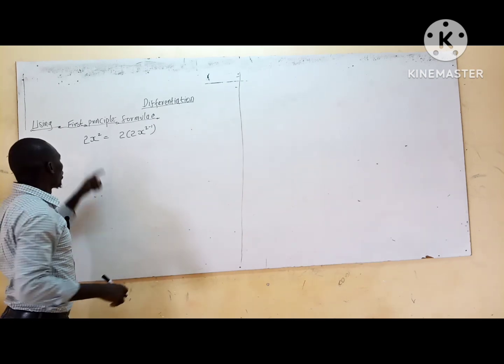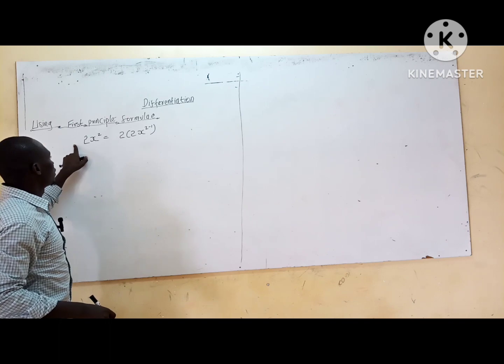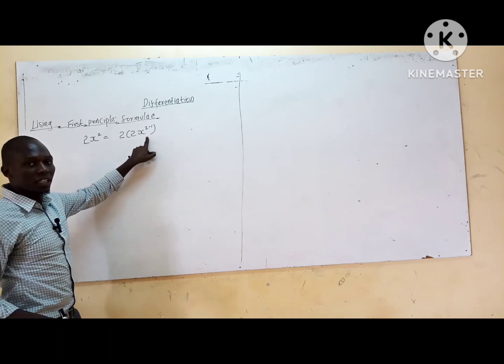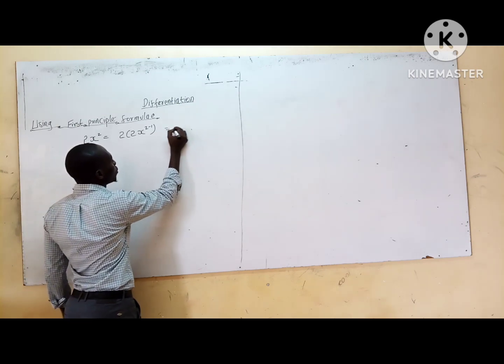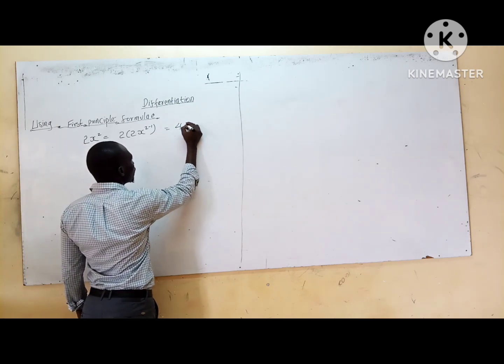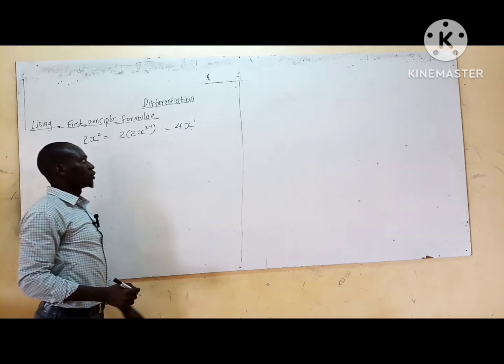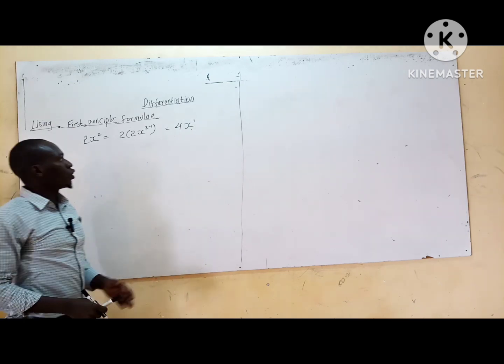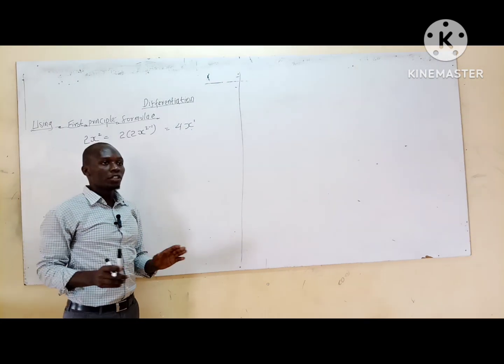This means you take whatever you have on the power, multiply it with whatever is within the bracket, and then from the power you subtract 1. When you work this out, you're going to have 4x to the power 1 as your answer. So the way we've done this one is just a normal differentiation.